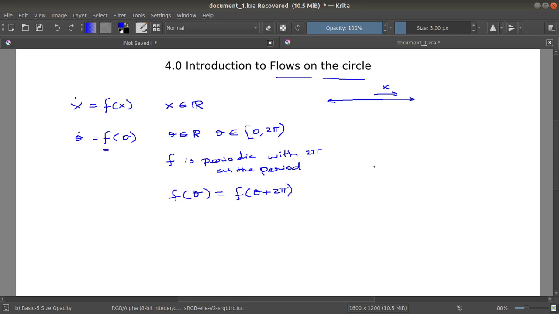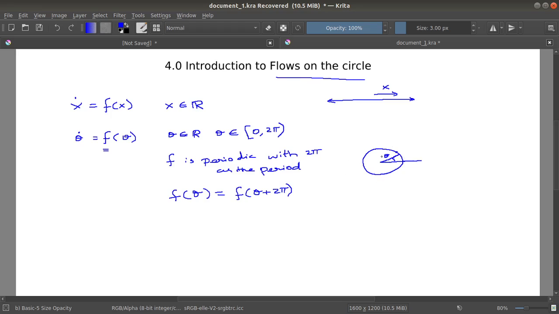But here, say there is a circle, and each point on that circle represents some theta, which is this angle, and the system will flow along this circle.